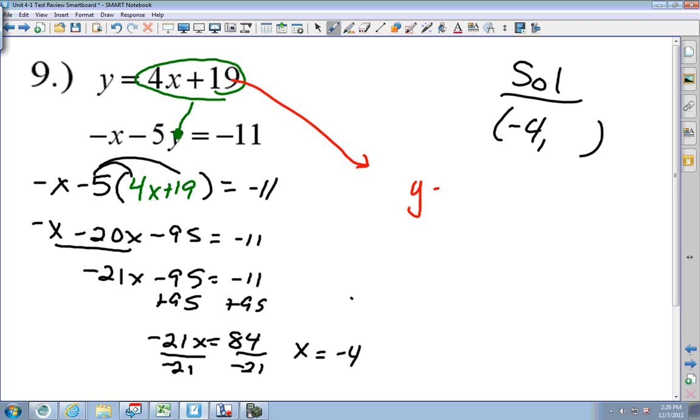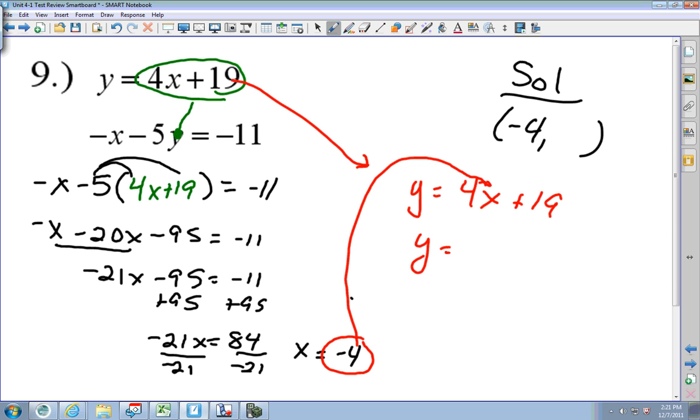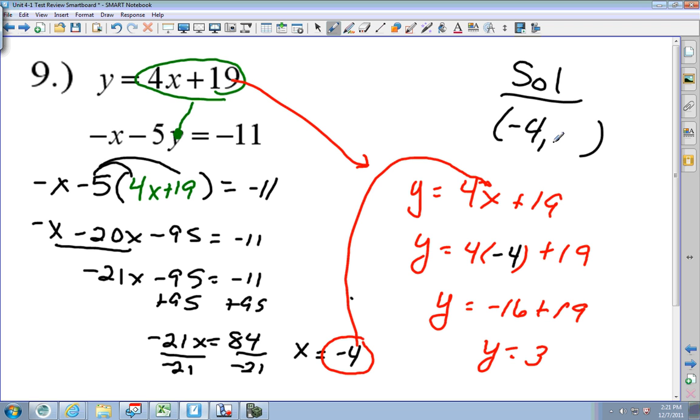I have y equals 4x plus 19. I'm going to put negative 4 in there. Y equals 4 times negative 4 plus 19. Y equals negative 16 plus 19. Y equals 3. There's my solution to number 9.